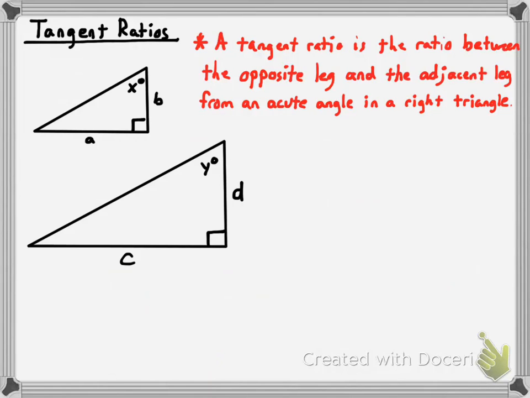All right, the ratio between the opposite leg and the adjacent leg from an acute angle in a right triangle.